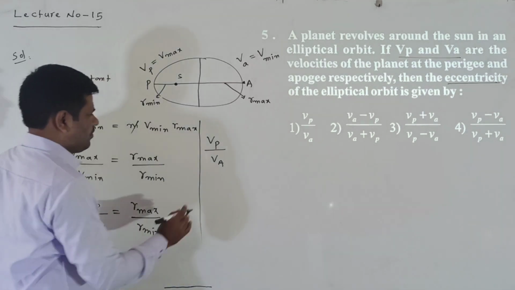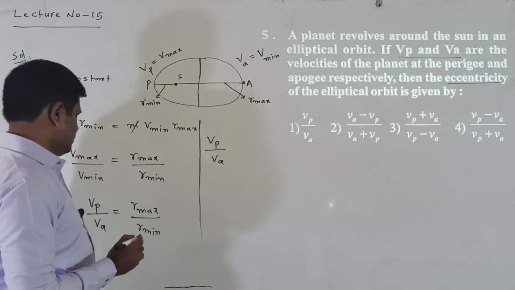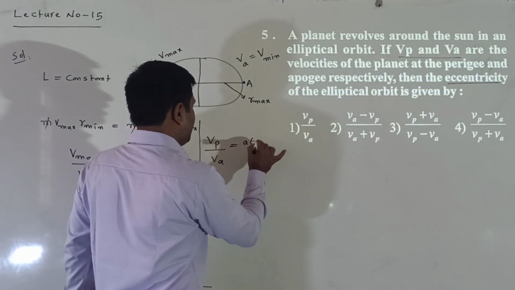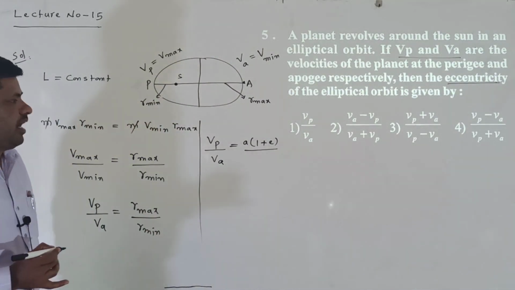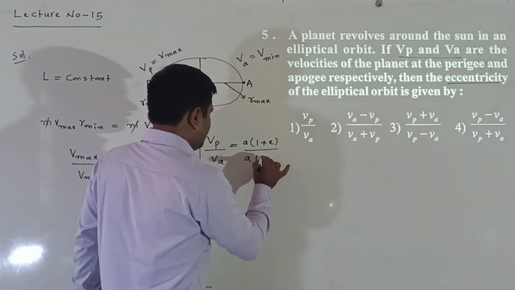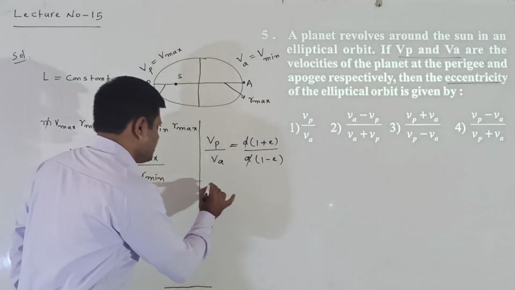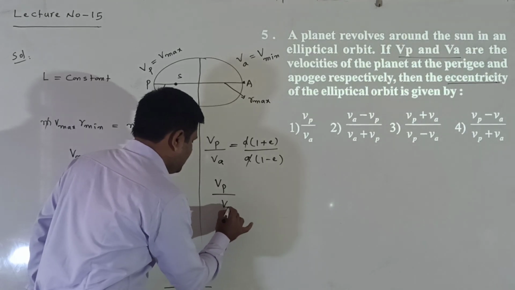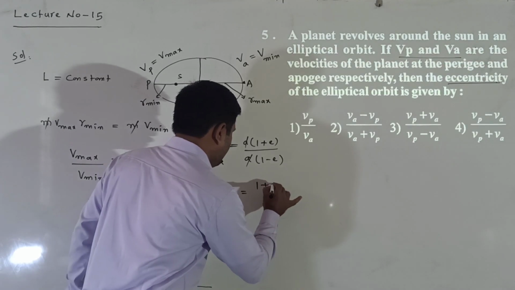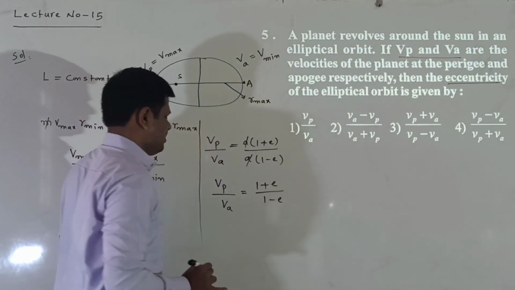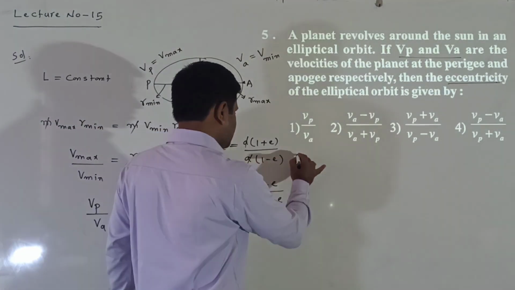R maximum is equal to a into 1 plus e, and R minimum is a into 1 minus e. The a gets cancelled. What we get from this is Vp by Va is equal to 1 plus e by 1 minus e. Clear? So from this e is asked.